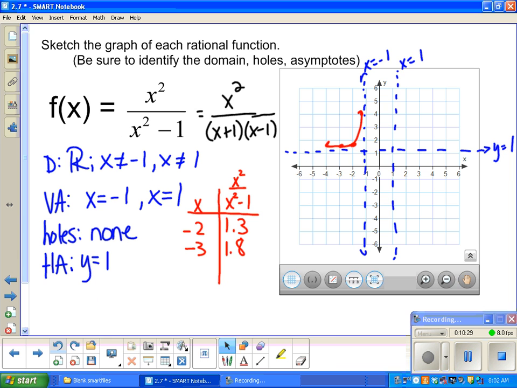Now let's go to the middle. The middle is a little more different, a little more challenging, because I have to figure out how it's going to curve. So I'm going to start with 0 first, and at 0, it's going to end up being 0. Let me substitute it in. Now, that's not going to help me figure out which direction or where my graph is curving, so I have to plug in fractions now.